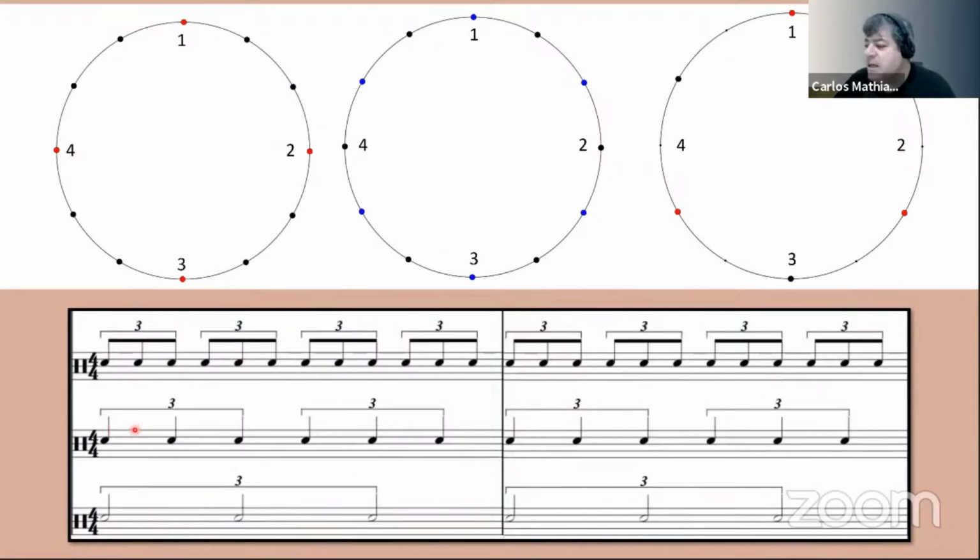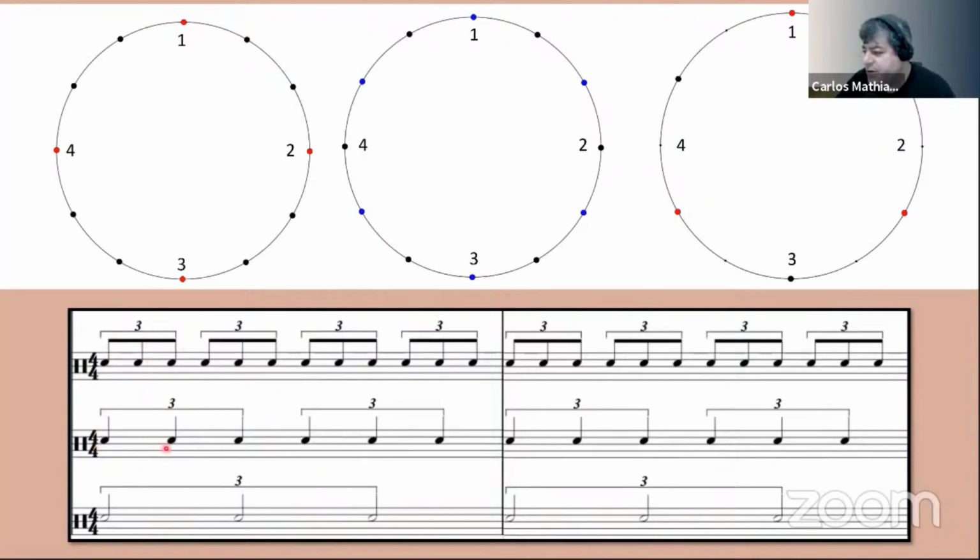If I take the second line, on the second line, I am considering not quarter note triplets, but half note triplets. The half note triplets is like playing a sequence of quarter note triplets, but omitting, not playing some notes in between, like I play the first, don't play the second.